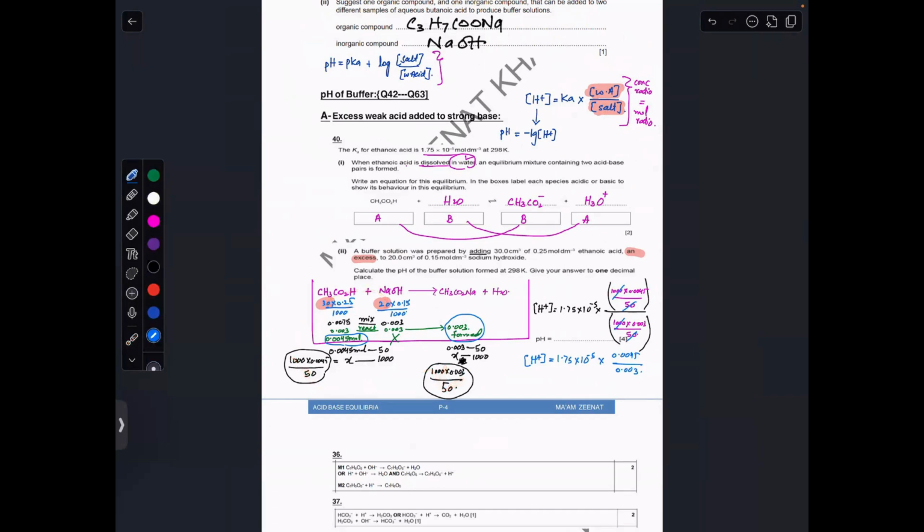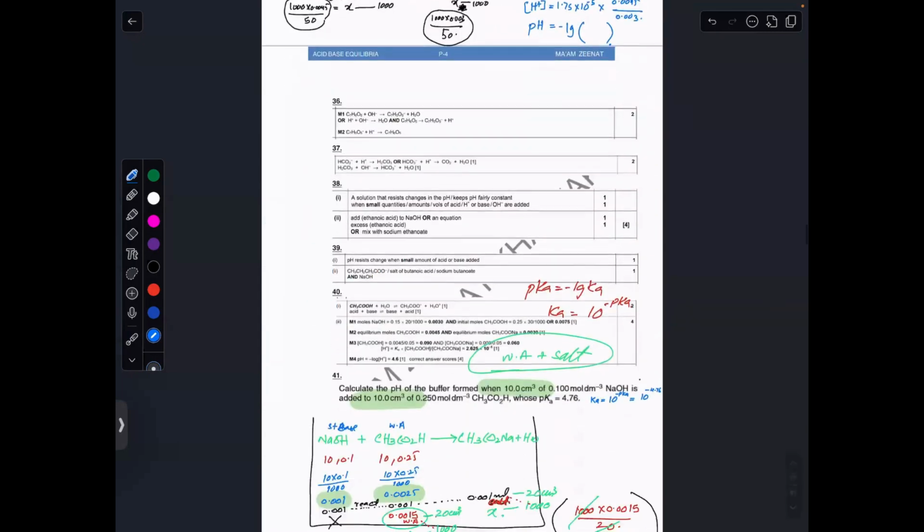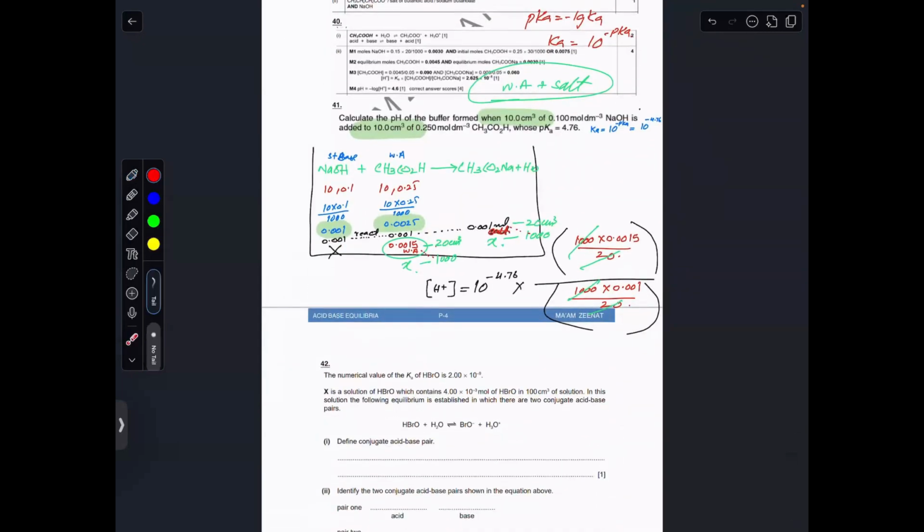So once you get the H plus, what is your next step? Just take the negative log and you will get your answer. Now, in exactly the same pattern, this question is, look, 10 of 0.1 mixed with 10 of 0.25. So 10 of 0.25 moles, 10 of 0.1 moles, but out of this and out of this, how much reacted?